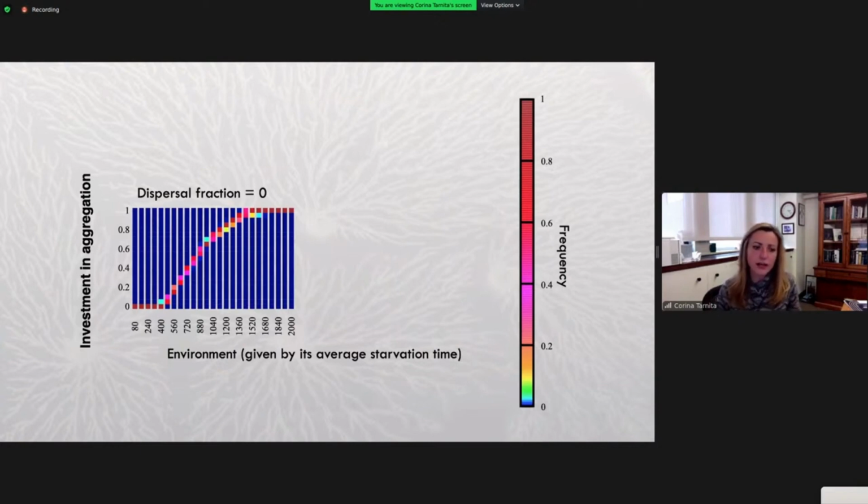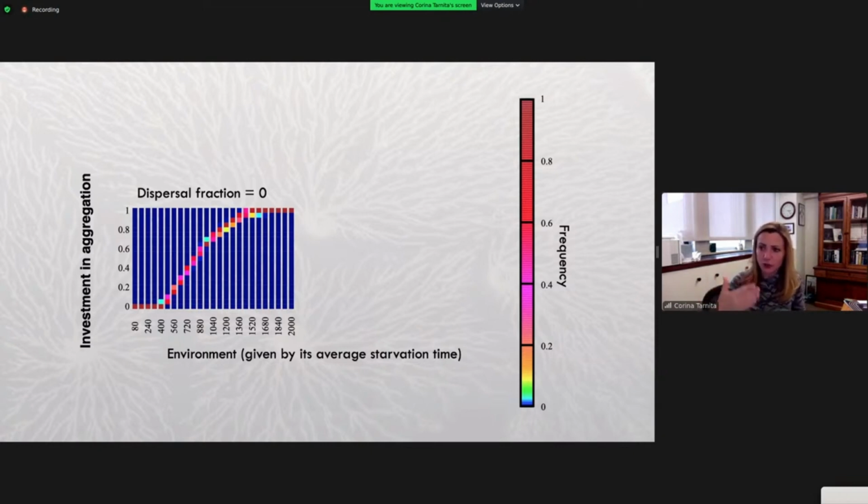Here on the y-axis is the investment in aggregation, basically in spores, or the whole aggregation process. 1 means that everything aggregates. There are no loners. 0 means nothing aggregates. Everything is a loner. On the x-axis, we are varying the environment, and this is an exponentially distributed next food pulse.